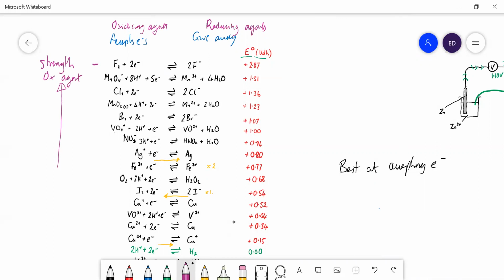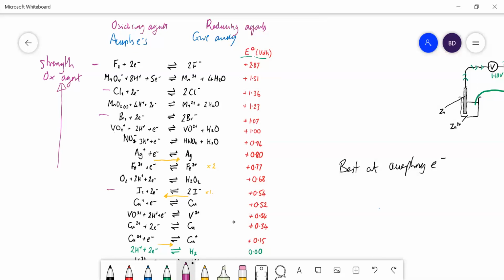They get stronger. Okay, so fluorine is just about the best oxidizing agent you can have. And you've got a nice little trend down the halogens there. Fluorine is better than chlorine, which is better than bromine, which is better than iodine, which is right down there. We know that already, so it just confirms what we know.